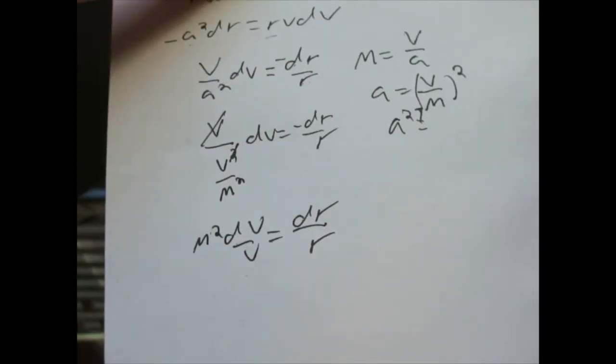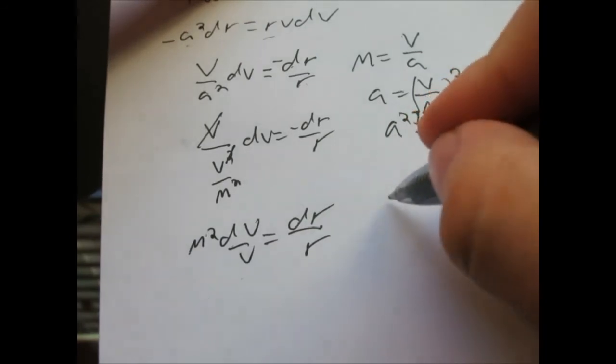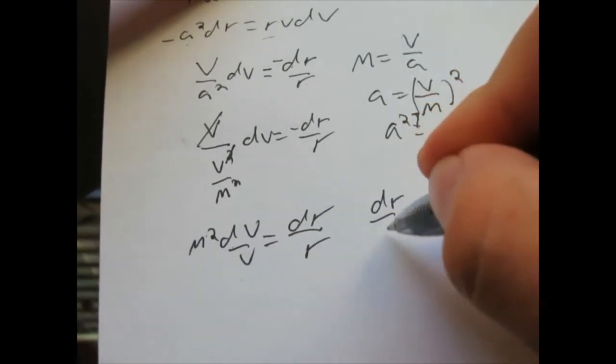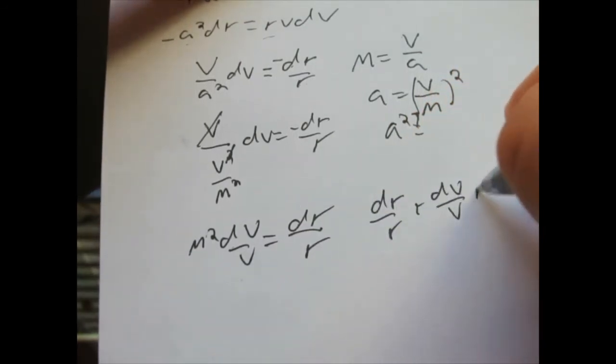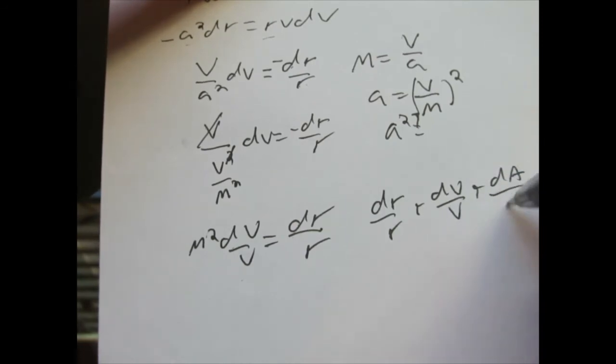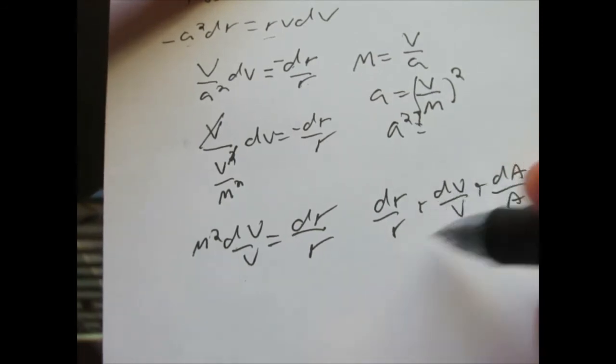So now we're going to go back to our conservation of mass result, which said d rho divided by rho plus dV over V plus dA divided by A equals 0. Then we're going to plug this into here.